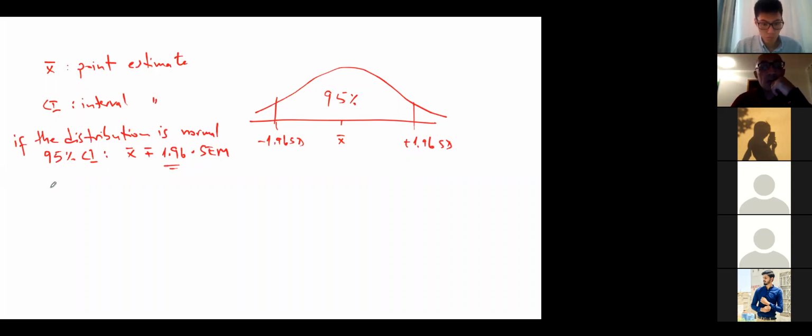If you are dealing with 99% confidence interval, then the formula would be a little bit different. You may guess, if you remember the course instruction about the normal distribution. Do you remember?